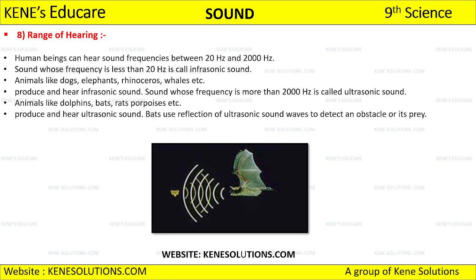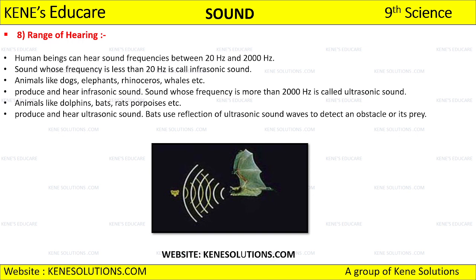If the frequency of the sound ranges between this, then we can say the sound will be audible to us. Sound whose frequency is less than 20 hertz is called infrasonic sound.